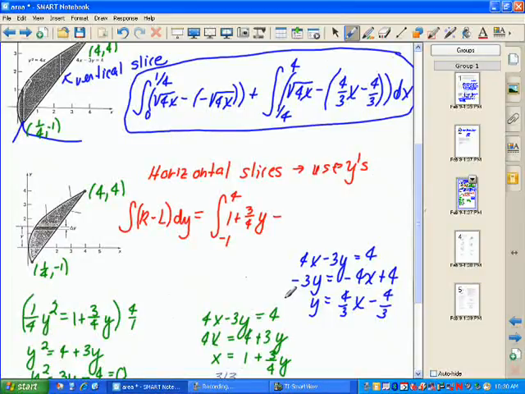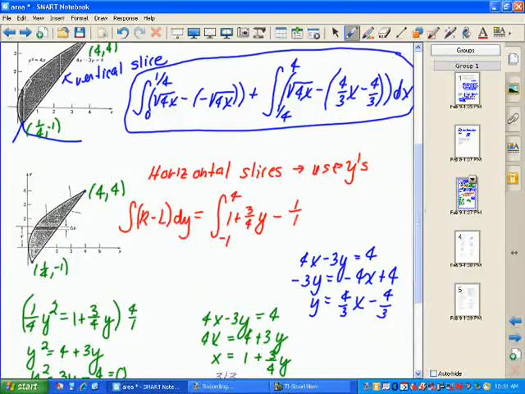And can somebody tell me why I only have to do one integral for this one? What's that? Yeah, the right's always the line, and the left is always the parabola, so I'm good. I don't ever have to change that. So the left is the parabola, over here in terms of y.